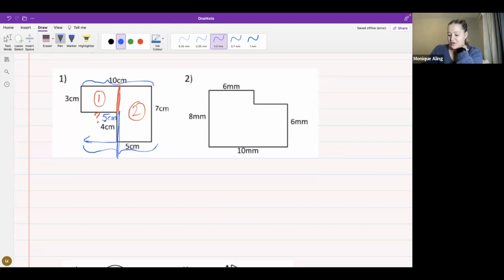If you're unsure of how to set it up, I just label it 1. I say area is equal to length times width, or length times breadth. The length of my first rectangle is 5. Length is the longer side, L for longer side, and our width is the shorter side. So our area for the first rectangle will be 15 centimeters squared. I then work out the area of the second rectangle.